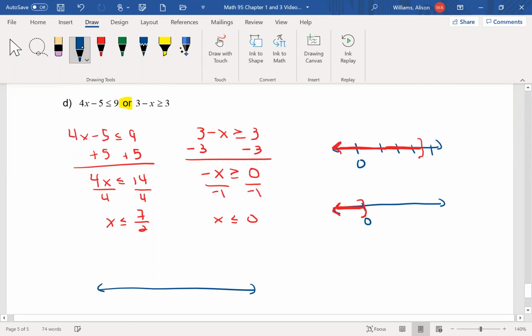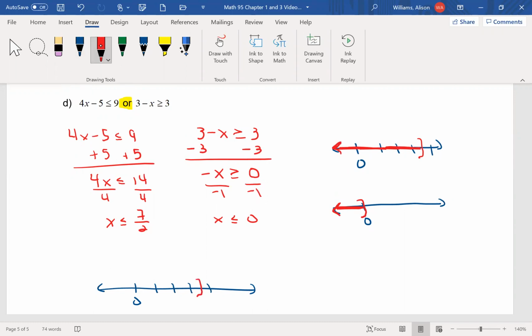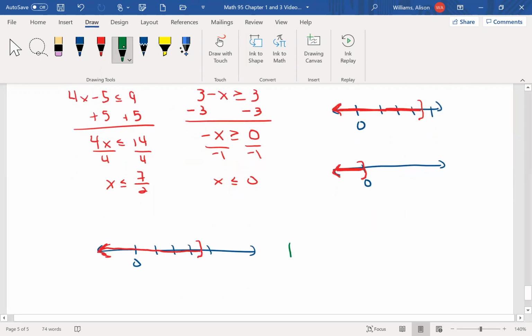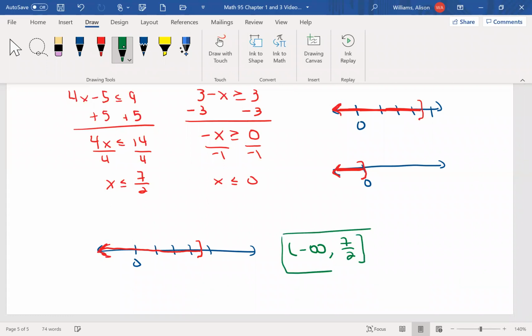My final answer would be starting at 3.5 and shading to the left. In interval notation, that would be negative infinity, comma, 7/2, or you could put 3.5 if you want to, with a bracket. And that's how the final answer will look when we combine the two graphs together.